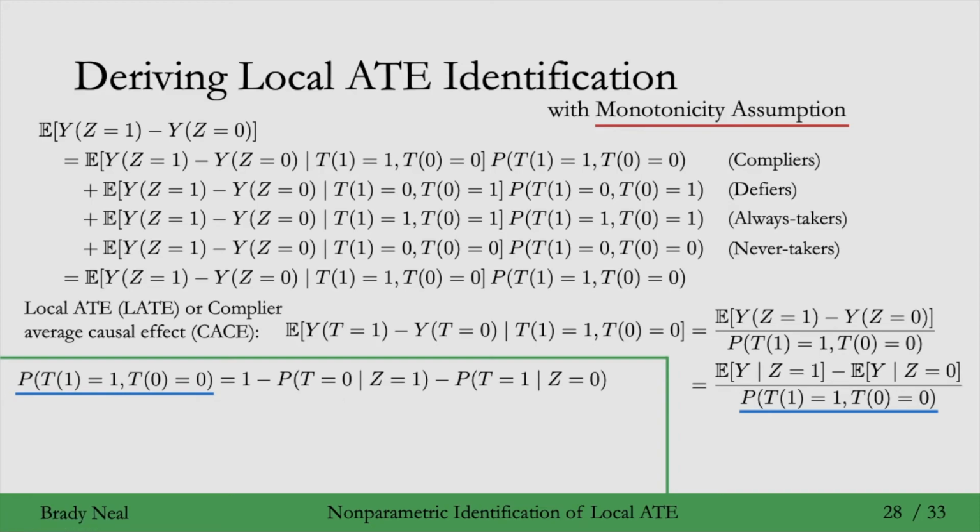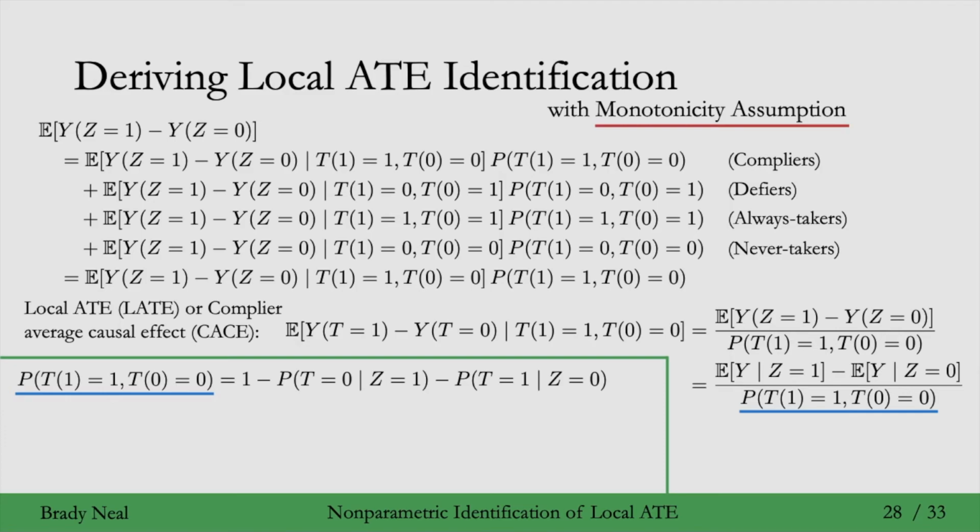But I thought we just learned that you can't identify the never takers or any of the groups from just the observational data. Here we just have an observational distribution. There's no potential outcomes, no potential treatments in this term. So why were we able to write down the probability of being a never taker with purely statistical language, with just the observational distribution?